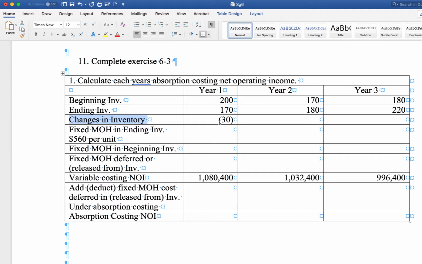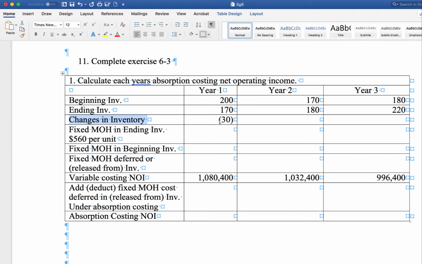Okay, that makes sense. As inventories go up, we know that cost on the absorption method hangs out on the balance sheet until it's sold. Because we're increasing our inventory, that cost is not recognized as a sale. It sits out on the balance sheet. Under the absorption costing, we recognize that higher fixed manufacturing overhead as soon as it incurs. So that's why variable costing is going to be lower as inventories increase.